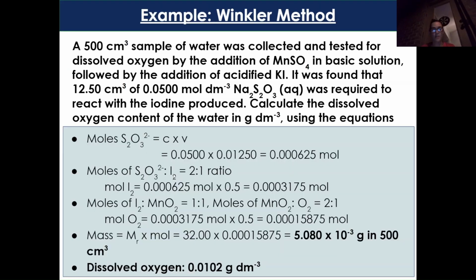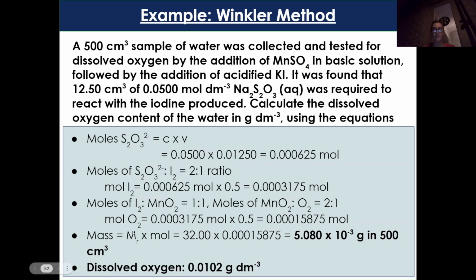So once you have your moles of manganese dioxide, you are going to want to divide it by 2 because you're trying to get to moles of oxygen, and there's twice as much manganese dioxide produced as moles of oxygen on the reactant side of that reaction. So again, dividing by 2 gives you moles of oxygen.